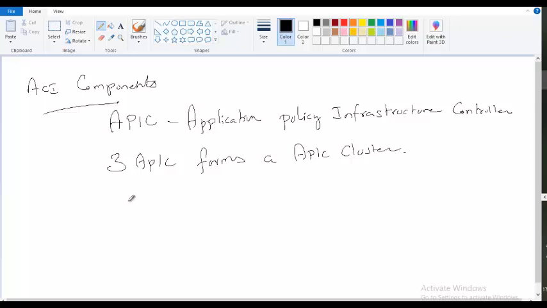APIC, when it comes in physical, it comes with the Cisco C series. So the Cisco C series server is not running any Windows operating system there. Instead, it has got an ACI code.